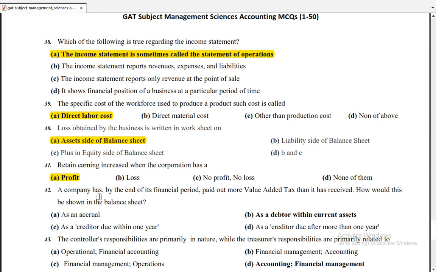A company has, by the end of its financial period, paid out more value-added tax than it has received. How would this be shown in the balance sheet?